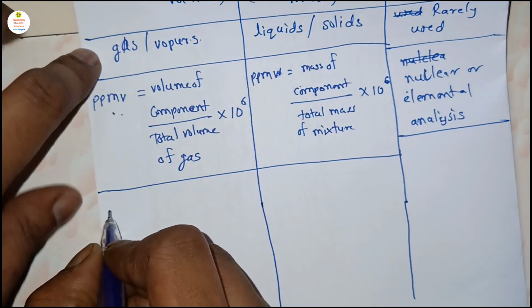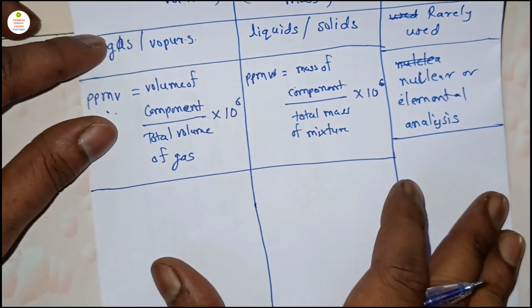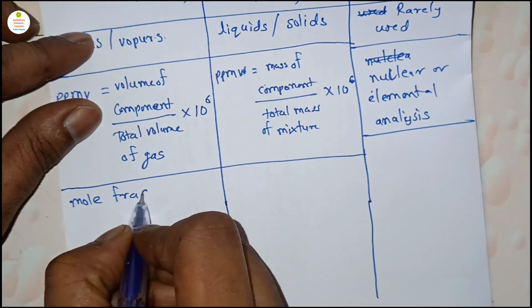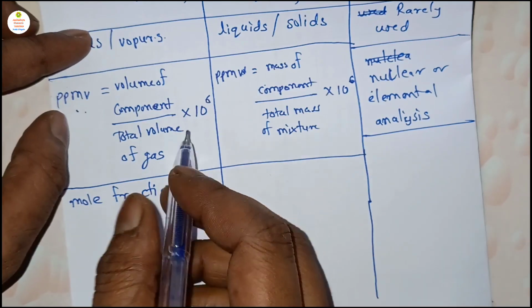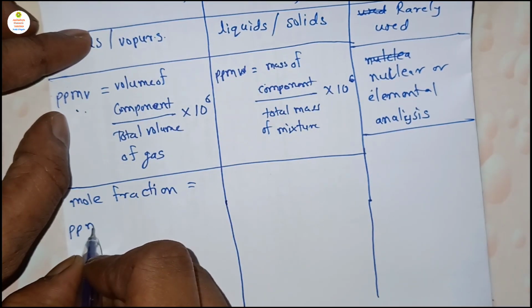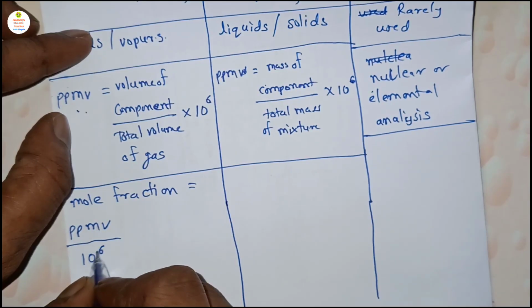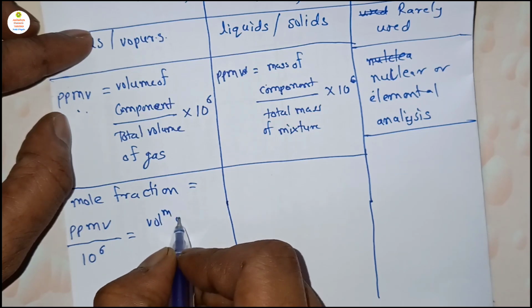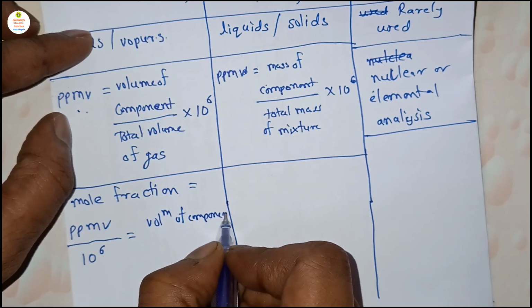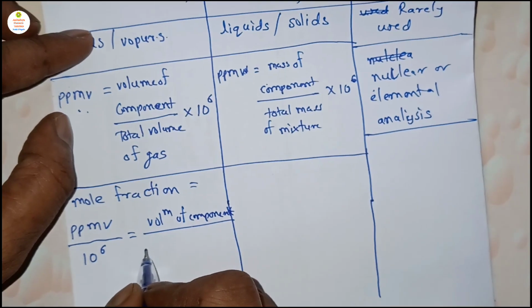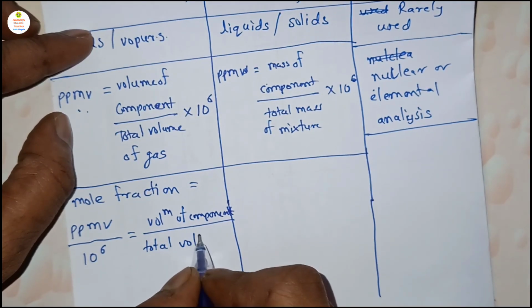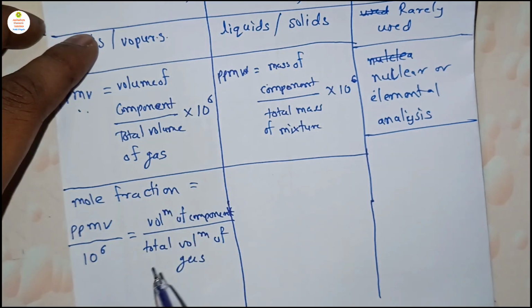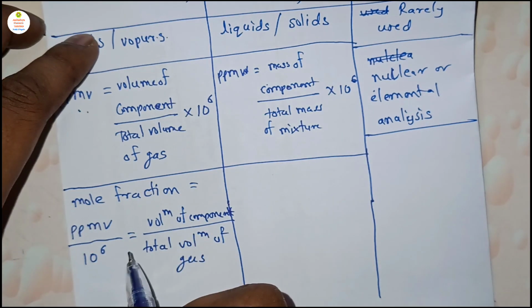So mole fraction first, which is equal to ppmv divided by 10 raised 6, which is equal to volume of component upon total volume of gas. Understood? So this is called the mole fraction.